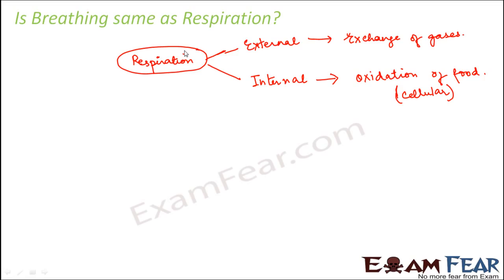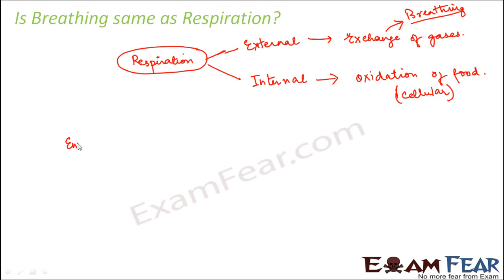That means the exchange of gases plus oxidation of food all together is known as respiration. Whereas breathing is all about external respiration. When I'm talking about breathing, I am only talking about external respiration. So breathing directly does not have anything to do with oxidation of food or cellular respiration.